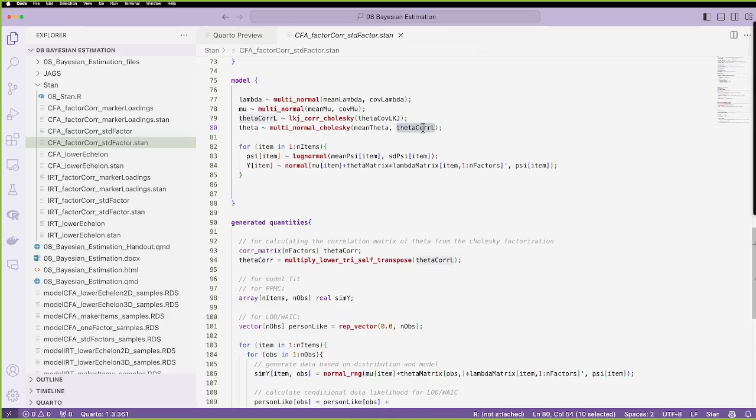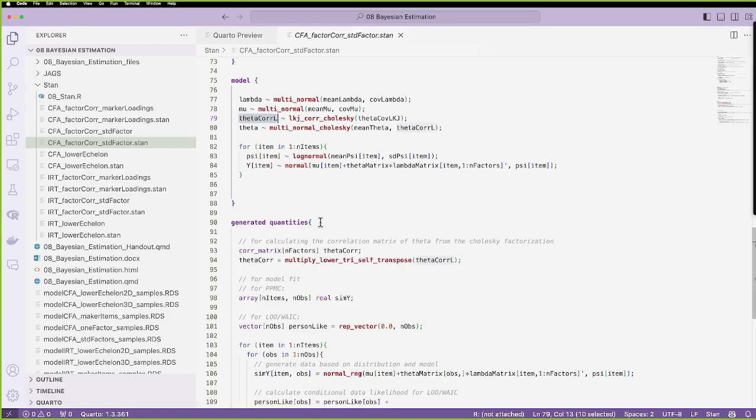So that's that. A couple other things in rapid-fire succession. I know this is going to go quick. The Cholesky of the correlation matrix is, to me, uninterpretable, right? The values in the lower triangle are combinations of all the correlations plus the diagonal of ones. So to output the actual correlation matrix, we use the generated quantities block.